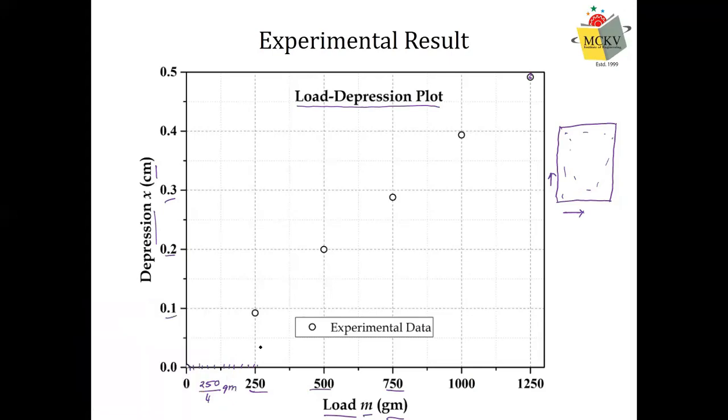250 by 40, that means 25 by 4, 6.25 gram. Now you can write it as 6.25 gram, no problem, or you can place just 25 by 4 grams, no problem. But suppose you are dividing 250 grams by 30 divisions. So this will be the value 25 by 3.